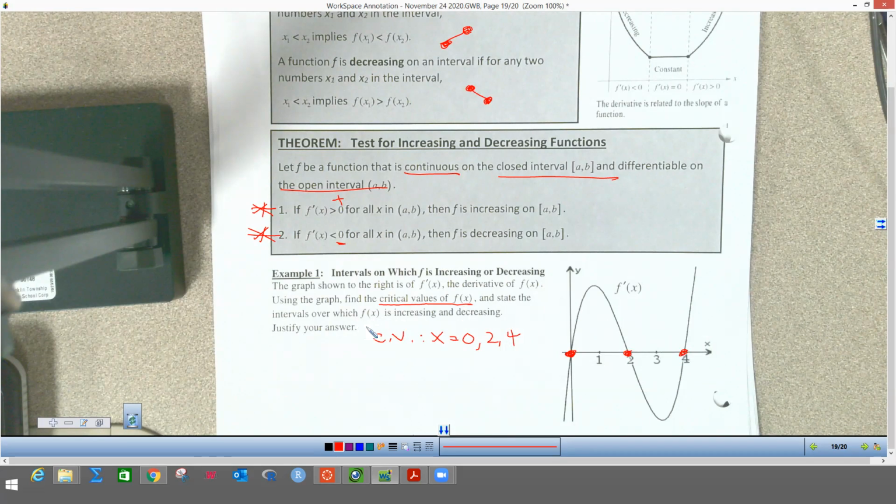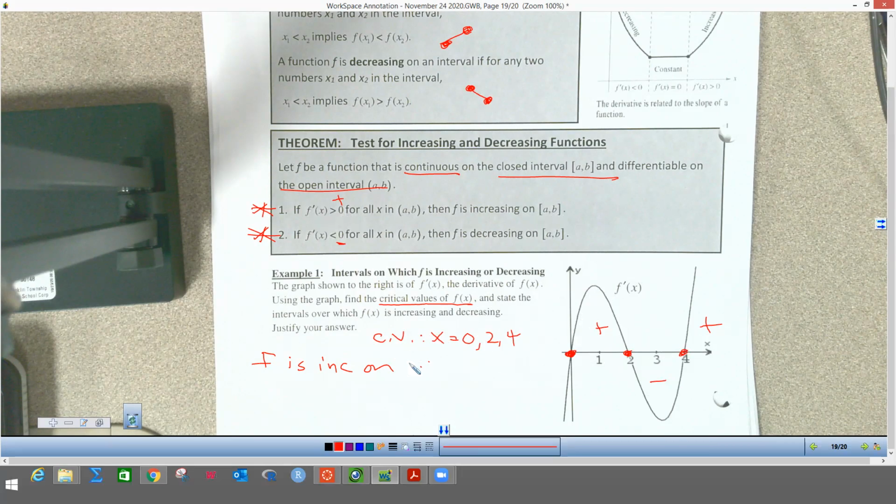State the intervals where f of x is increasing. Well, to be increasing, that means your derivative has to be greater than 0. So if you look right here, from here to here, f prime of x is above the x-axis, so we have positive here, it's below here, and positive again here. So we get to say that f is increasing on the interval, oops, I need a bracket because we do brackets on these.